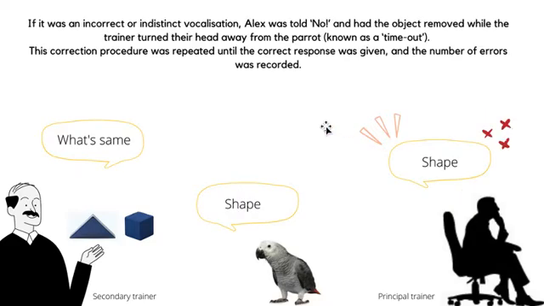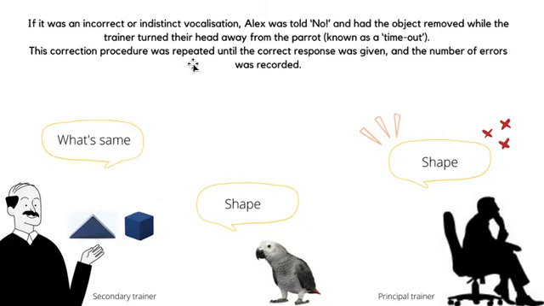Now, let's say he's asked what's same and he says shape, which is wrong because they're not the same shape. He waits for the trainer to tell him the answer, and the trainer says shape. If it was incorrect, Alex was told no and had the object removed while the trainer turned their head away from the parrot, known as a timeout.